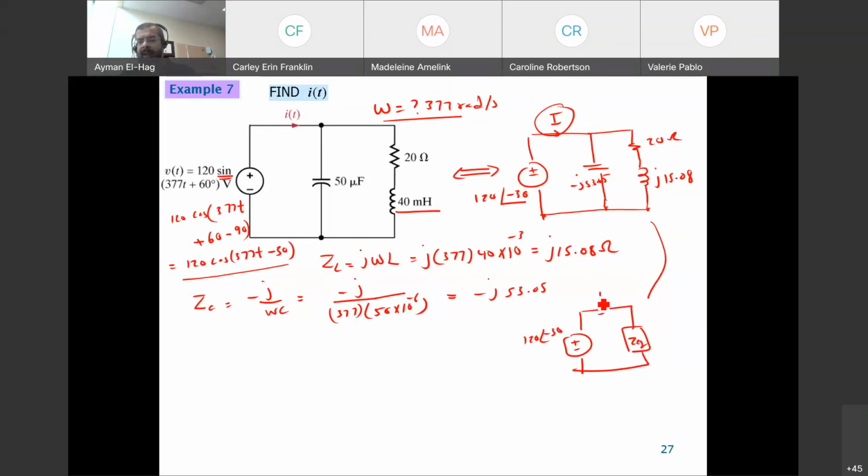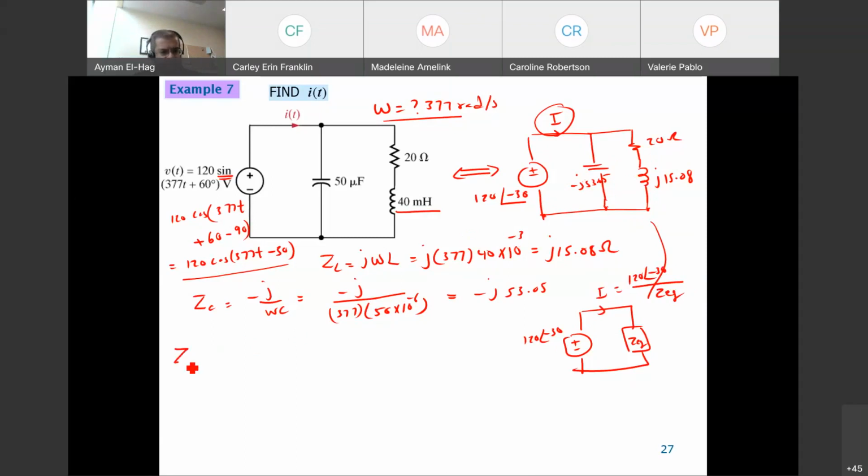Then your I is equal to 120 angle of minus 30 divided by Z equivalent. So all I need to find now is Z equivalent, which is this plus this in parallel.